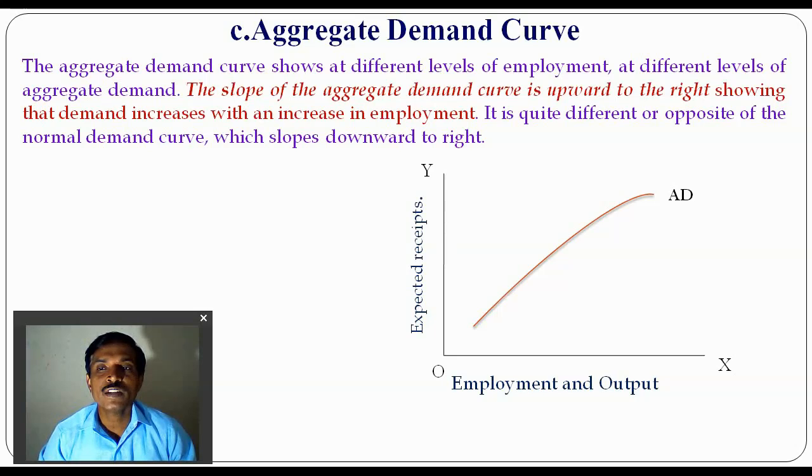So it is quite different from, and opposite to, the normal demand curve, which slopes downward to the right. On the x-axis we measure the employment and output, and on the y-axis we measure the expected receipts.